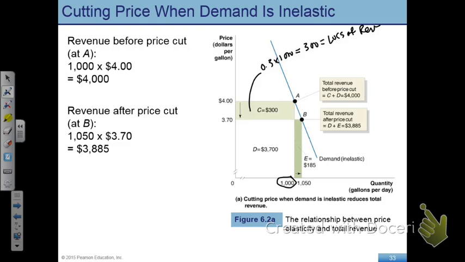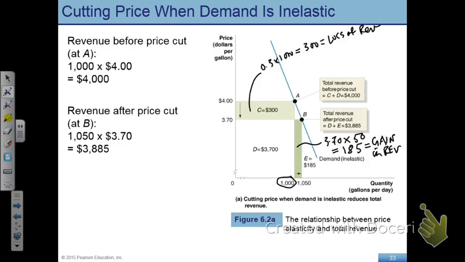Do we all see that? So this area really measures the extra revenue, or the revenue gain, by our firm, which is $3.70 times the extra 50 units the firm is selling, which comes down to $185. This is the gain in revenue.